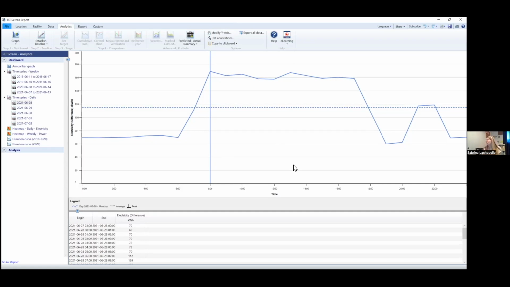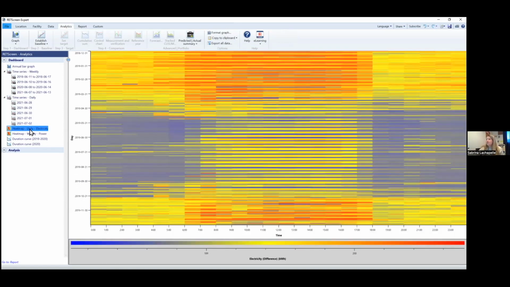But of course, we also decided to make some other graph that could be of interest for the users. So one graph that we've decided to add is a heat map. If I'm looking at this one here, we are looking at the electricity consumption on a daily basis.